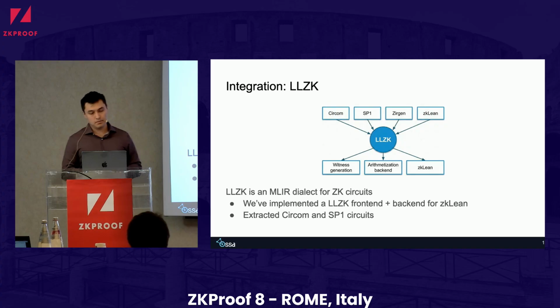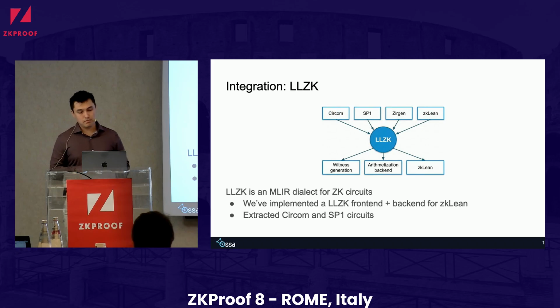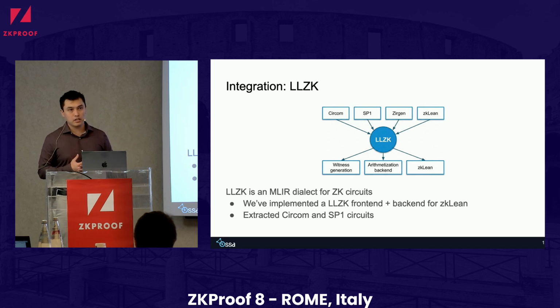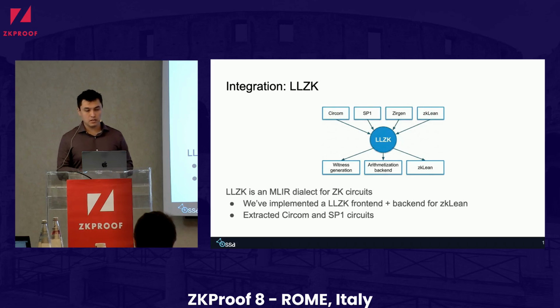And for backends, there's a Python backend now, or SMT backend in general. We've also implemented the zkLean backend. So if you have your SP1 circuit, you could run it through LLZK and get a zkLean representation of your circuit. This is a much more modular way to get usage in zkLean.